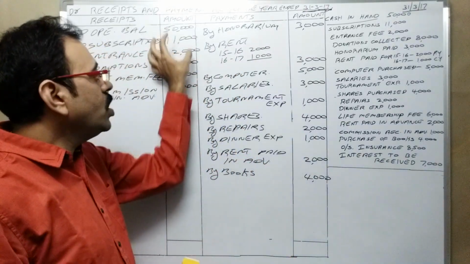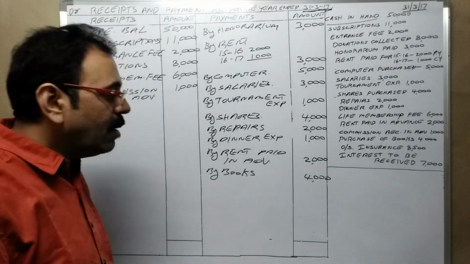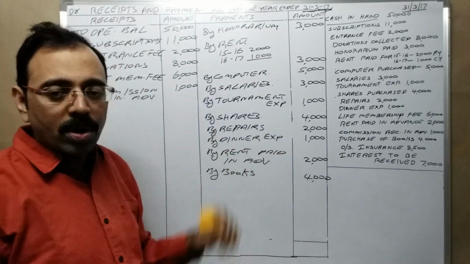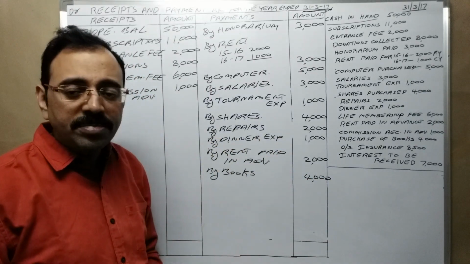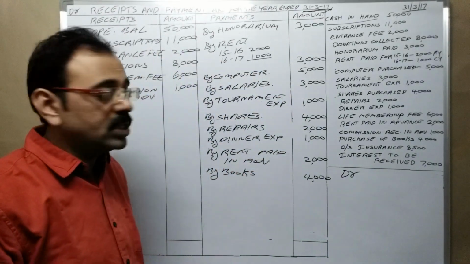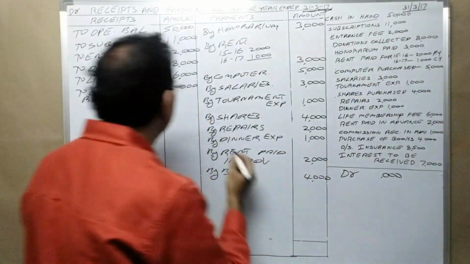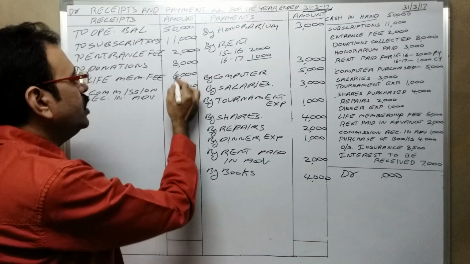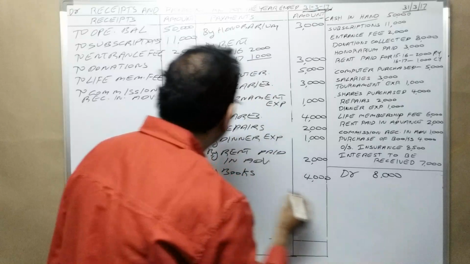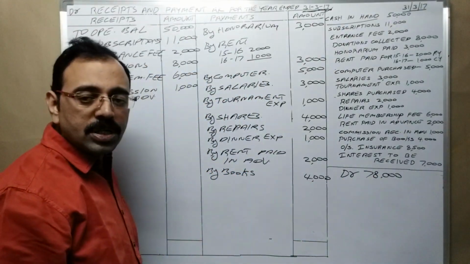So, after writing all receipts and payments in this manner, the next step is what? Balancing this account. Observe which side total is more. Debit side. Debit side total, write in rough notes: 3 zeros, then 6, 7, 17, 18, 1, 78,000 rupees.